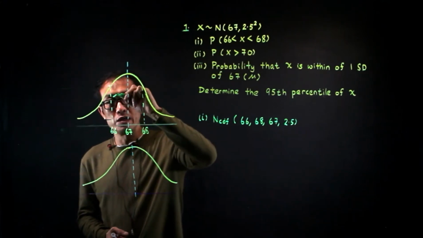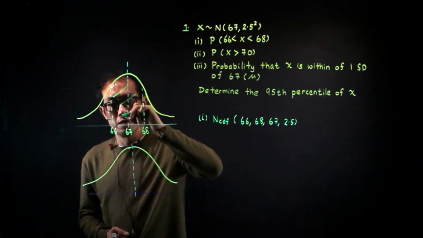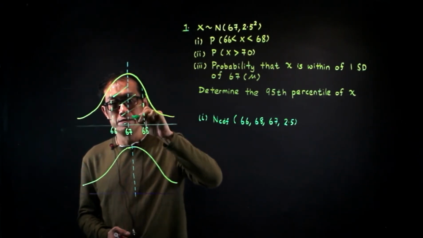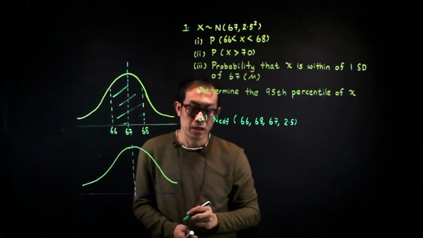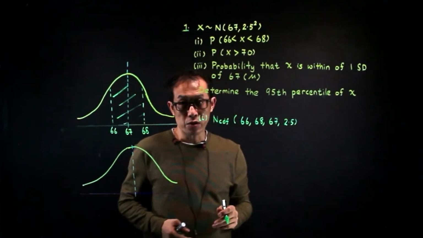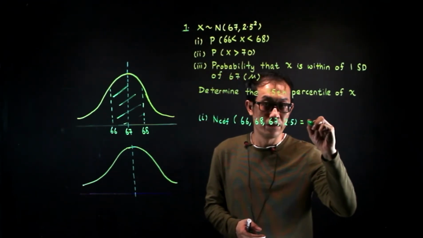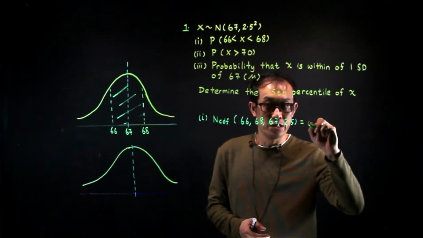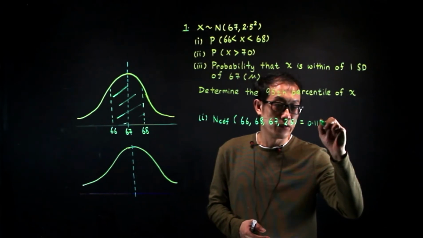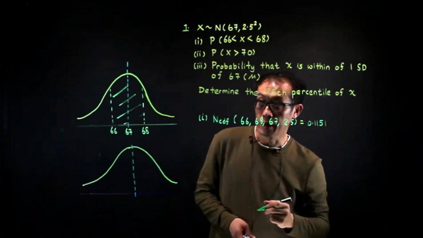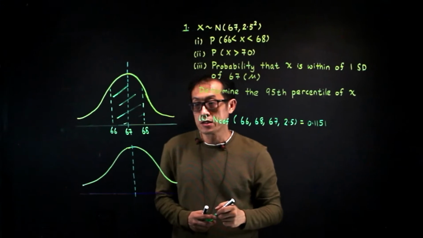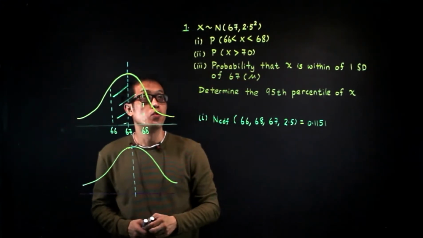So they are looking for this area here. What is this area? You just need to key this into your calculator and you will have an answer of 0.1151. Okay.